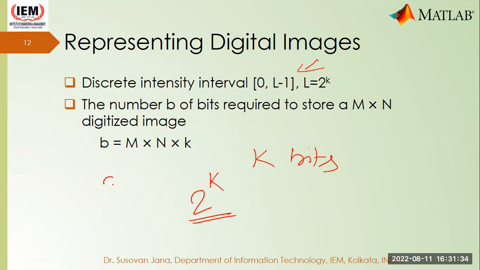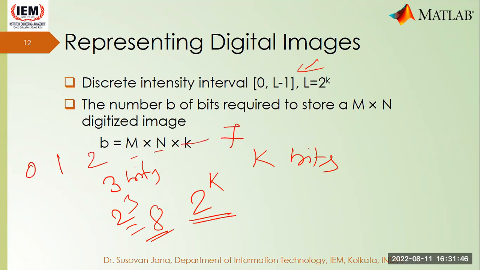Suppose we take 3 bits to store a particular pixel, that means we will have 2 to the power 3, meaning 8 pixel intensities. These are 0, 1, 2, 3 to 7. Okay, so intensity starts from 0 and goes up to L minus 1, the maximum intensity level minus 1. So 0 means complete black, and the highest intensity level is pure white, and in between everything is gray.